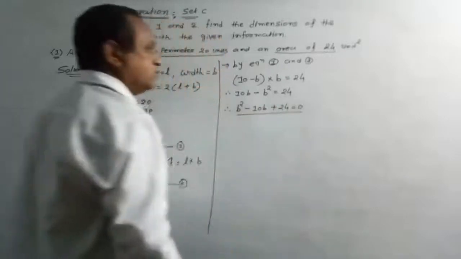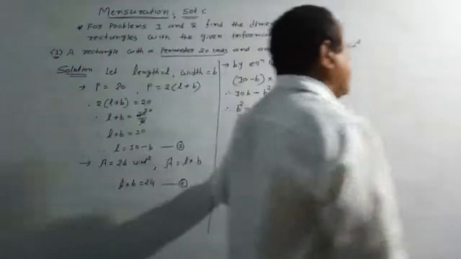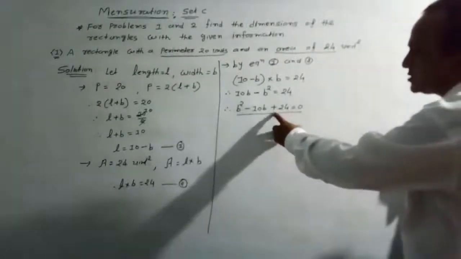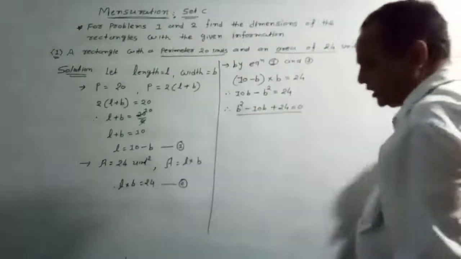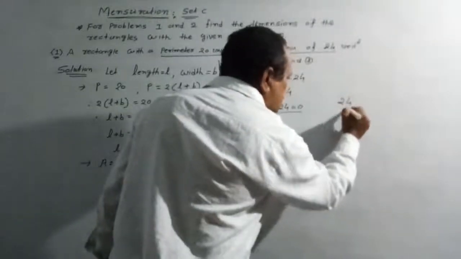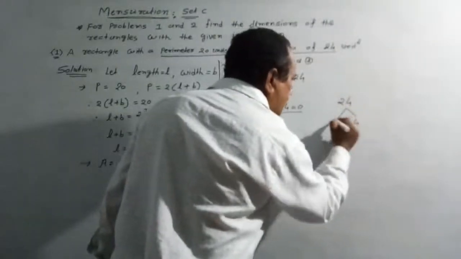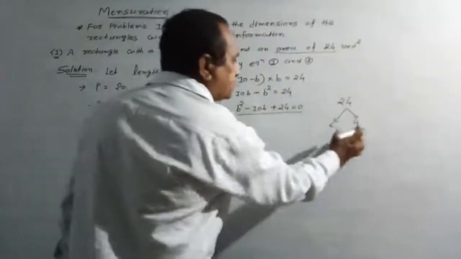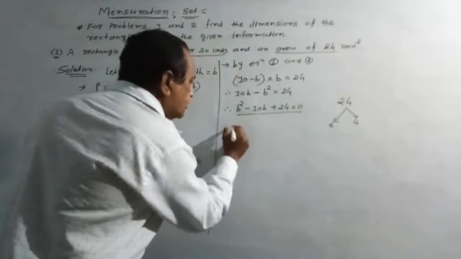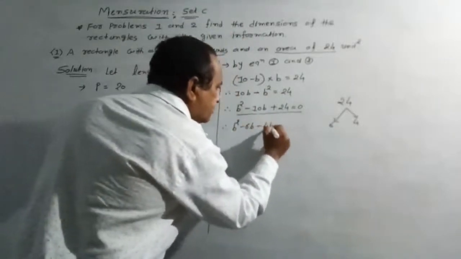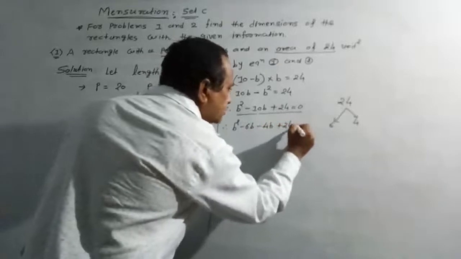Now factors of 24: 6 times 4 is 24, and 6 plus 4 is equal to 10. So B square minus 6B minus 4B plus 24 is equal to 0.